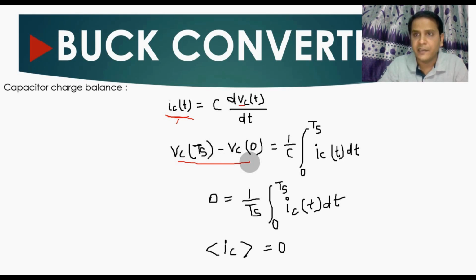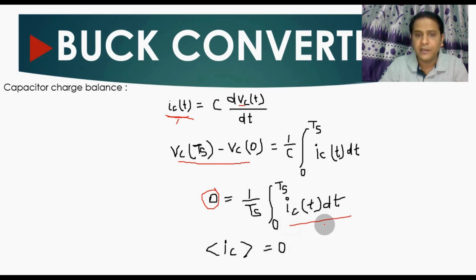In steady state condition, the net change in capacitor voltage is 0. So this term will be 0. Then you have 1 by Ts, integral from 0 to Ts of iC(t) dt.